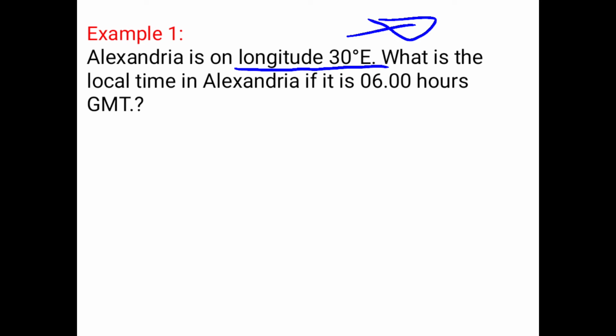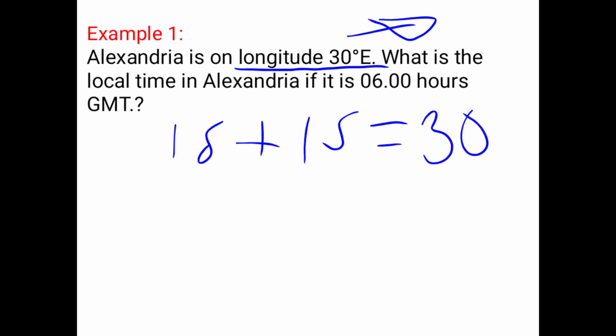So 15 degrees plus 15 degrees is equal to the 30 degrees east where Alexandria is lying.